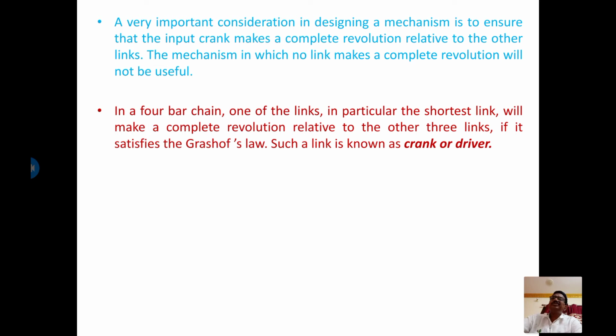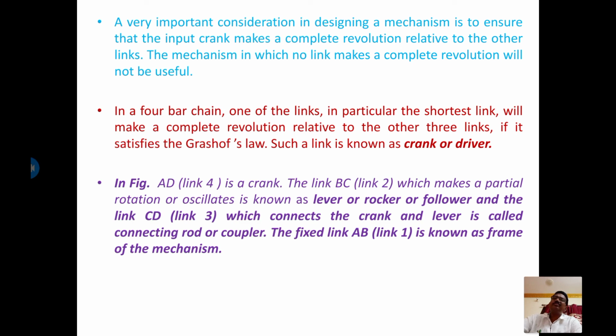If it satisfies Grashof's law, the link making the complete revolution, the shortest link, is known as the crank or driver. In the figure, AD is the crank. The link BC, which makes a partial rotation or oscillates, is known as the lever, rocker or follower.